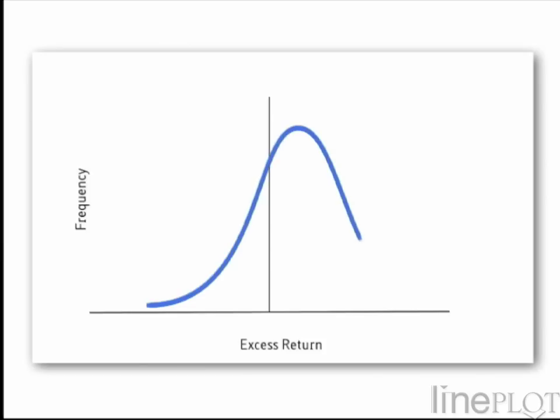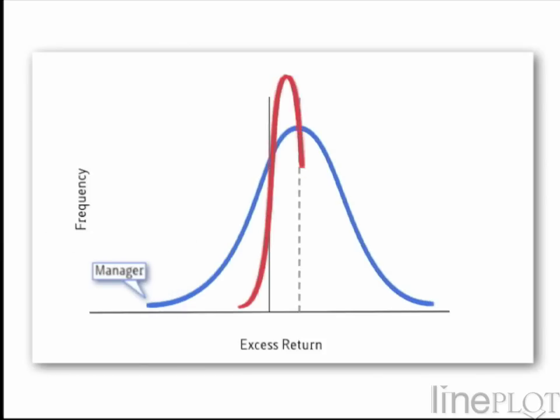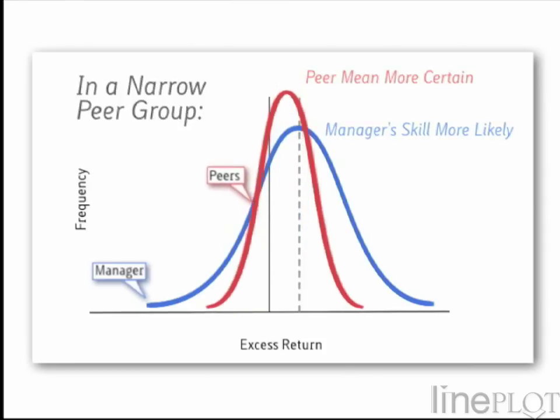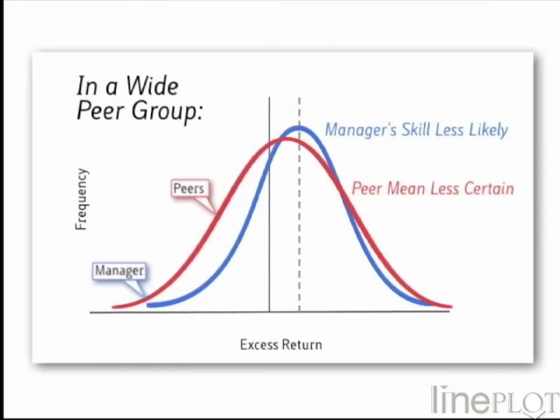To examine the likelihood of manager results being due to skill versus luck, we look at the dispersion of the manager's excess returns, called tracking error, in comparison to the dispersion of peer group excess returns. The broader the dispersion of the peer group excess returns, the less confident we are that the manager's returns are distinguishable from the group.